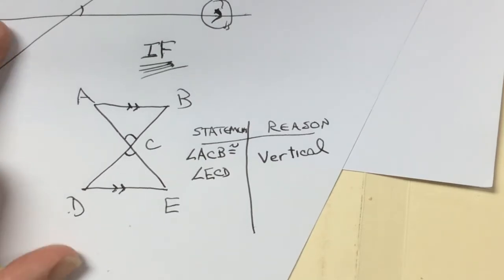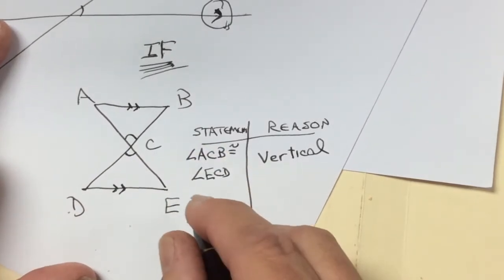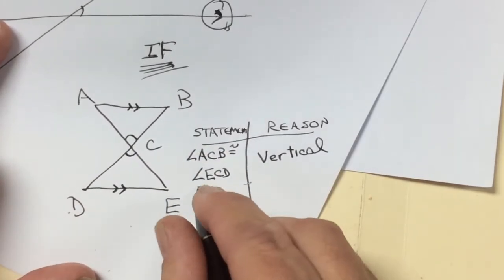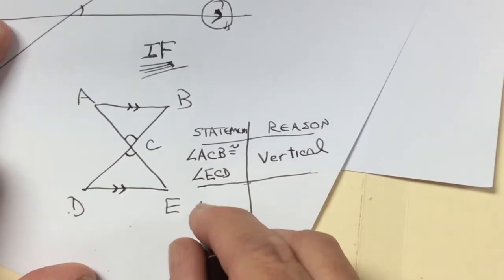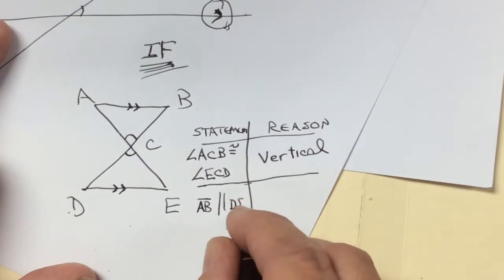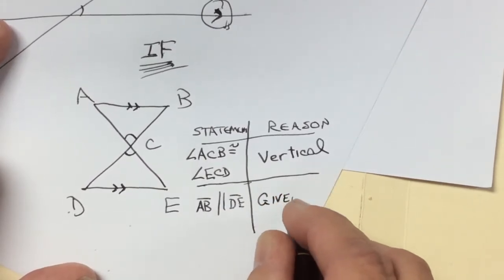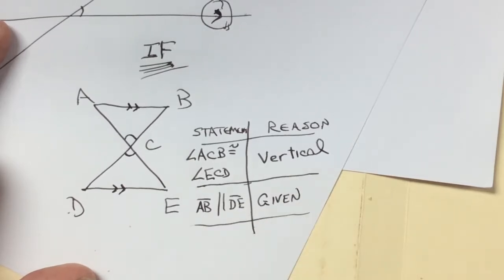That the two triangles are parallel to each other. Well, not the triangles, but these line segments, right? So we have to put that in there. Now suddenly we have some information that's given: AB is parallel to DE. And if it's given, we've got to list it if we're going to use it.